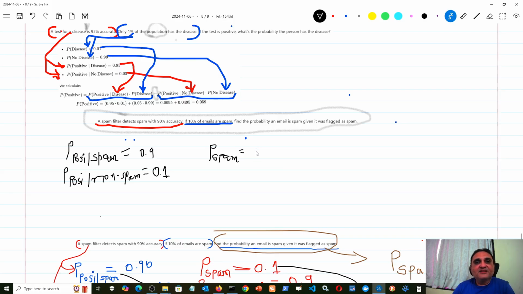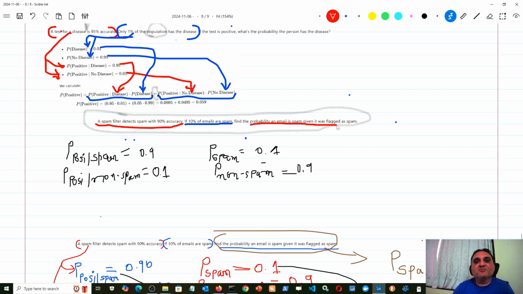So P of spam is equal to 0.1, and that means 90% are non-spam, so P of non-spam equals 0.9. These are simple probabilities, while the earlier ones are conditional probabilities.